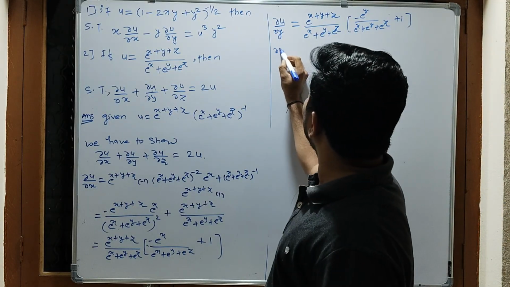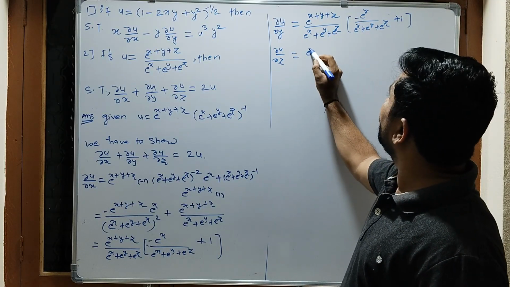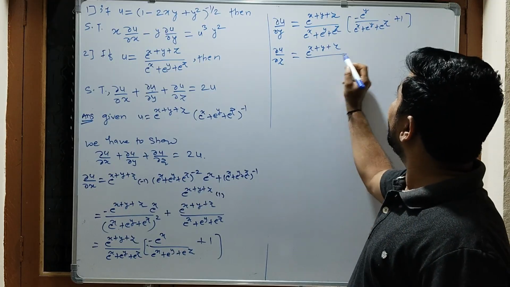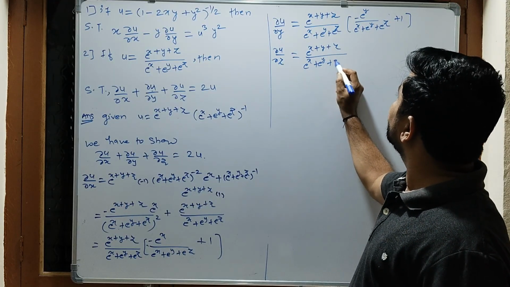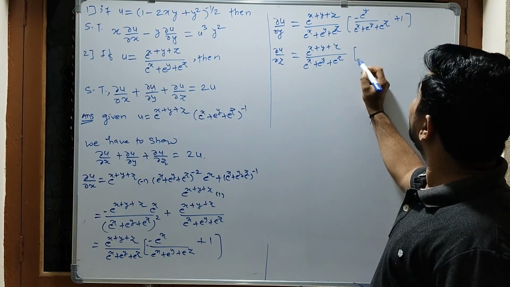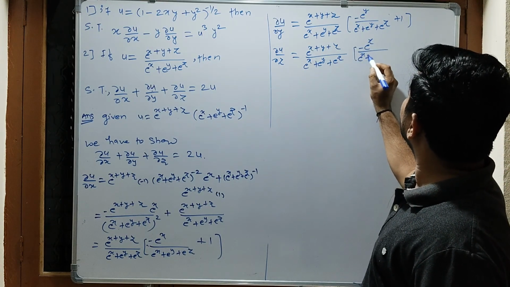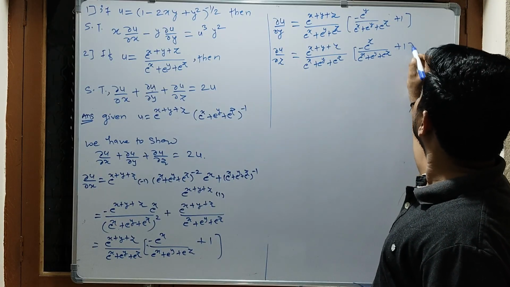Similarly, the partial derivative of u with respect to z is equal to e^(x+y+z) divided by e^x + e^y + e^z, times minus e^z divided by e^x + e^y + e^z, plus 1.